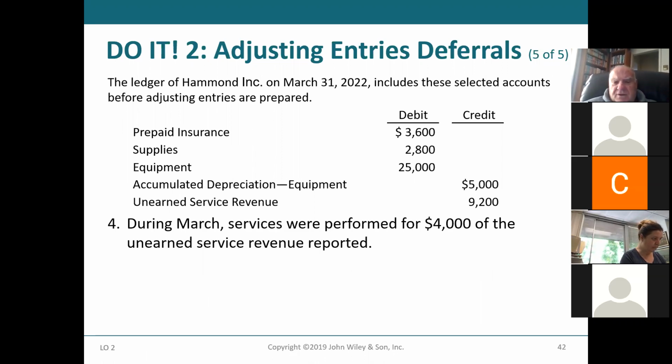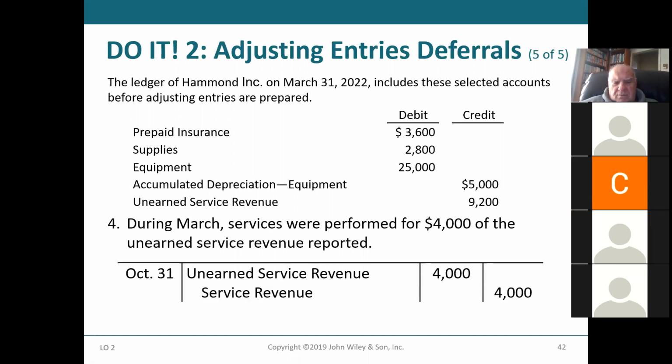And then finally, services were performed for that $9,200. Someone paid us $9,200 in advance, and now we're doing the work. We did $4,000 worth of work. So this liability is not $9,200 anymore, it's $5,200. And here we go. We debit unearned revenue, the liability, and credit service revenue.